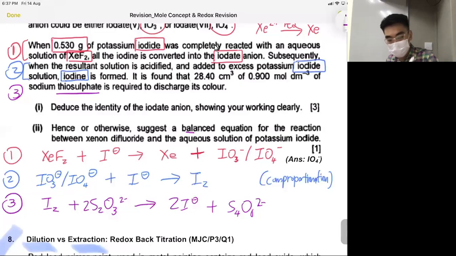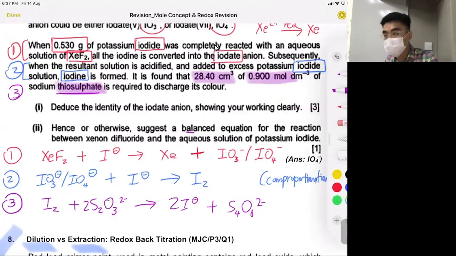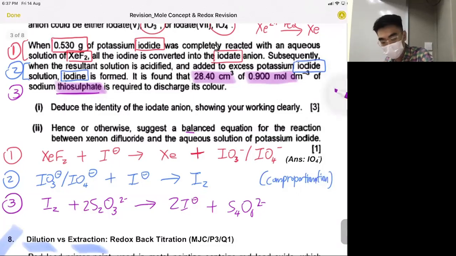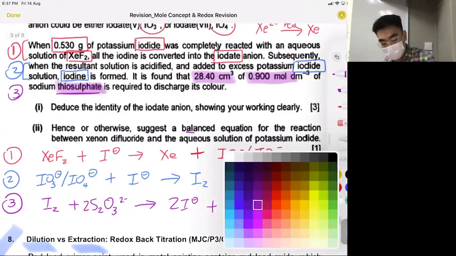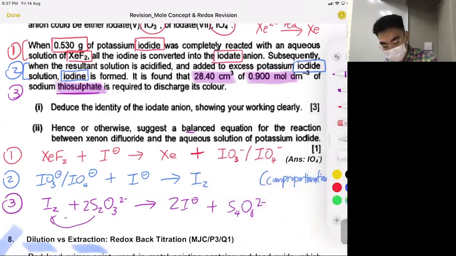Do you know the moles of thiosulfate? It is given. So if you know the moles of thiosulfate, are you able to find the moles of iodine? Definitely, because the mole ratio is already established in equation 3. It's just divide by 2. I don't think you will have much trouble with that.